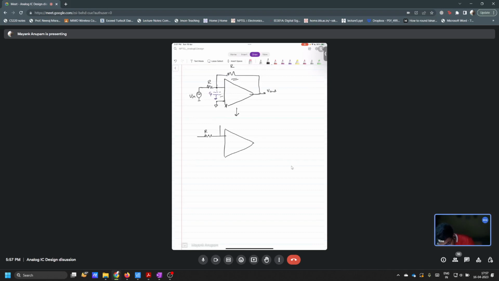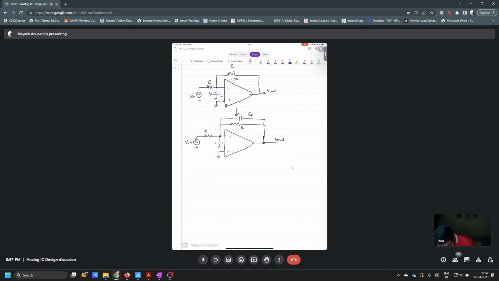This is R. We added a capacitor CP here, and this resistor.